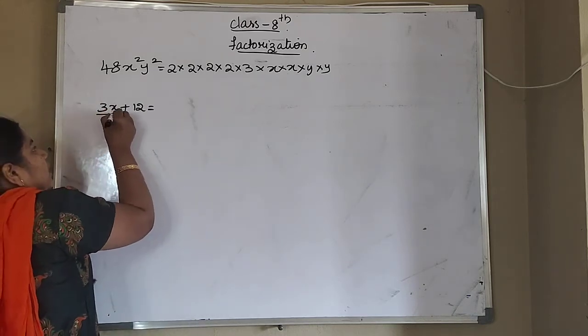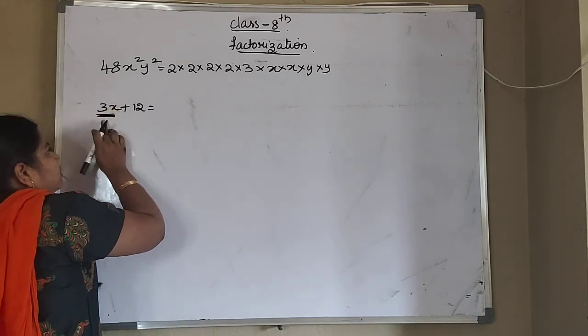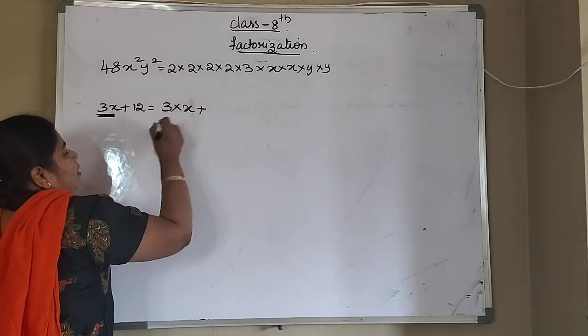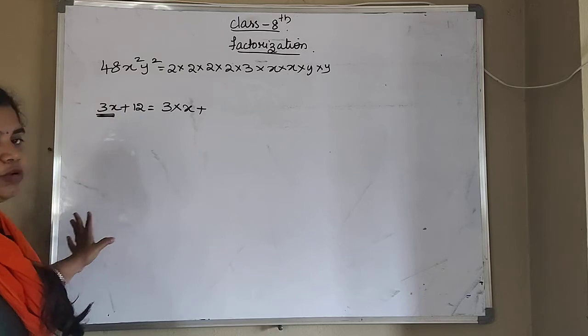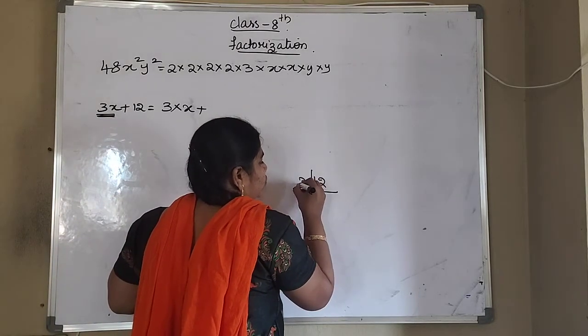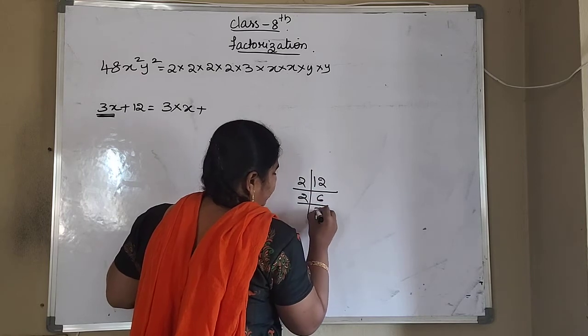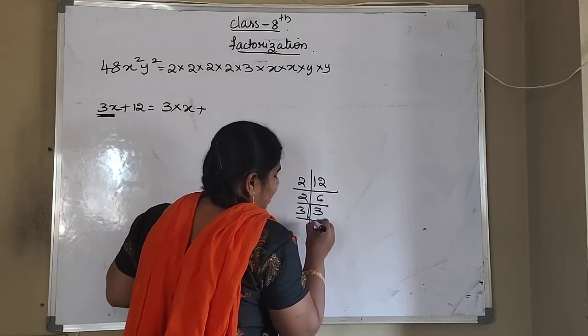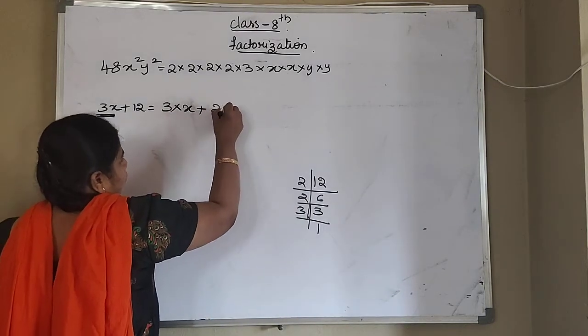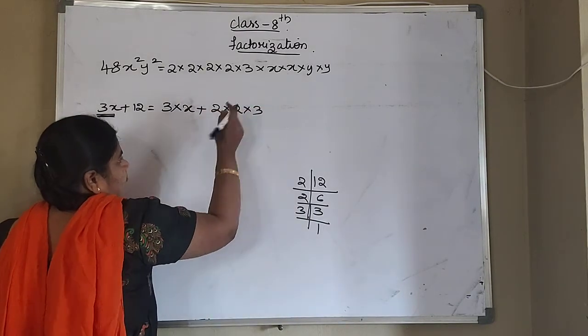First convert into prime factors. 3 is already a prime number, so 3x I am writing as it is. Plus 12 also you have to convert into prime factors: 2 6s are 12, 2 3s are 6, 3 1s are 3. These are the prime factors of 12. So you write 2 into 2 into 3.